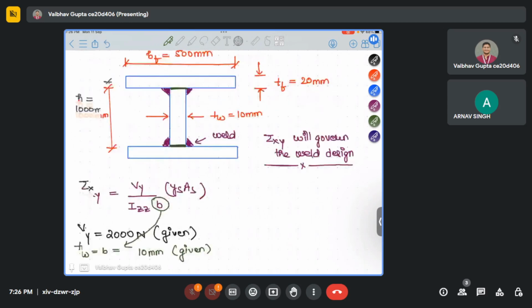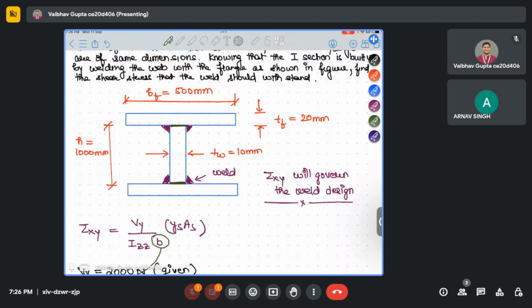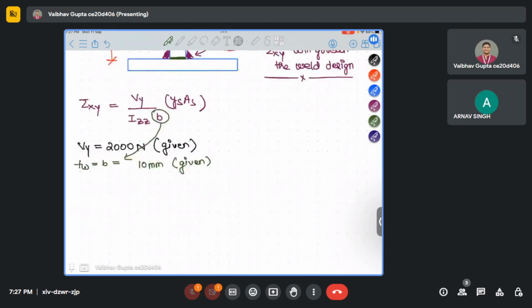Now what is YS and AS? Since we have to find for the weld, suppose this is the CG of the I section. This will be the shaded area, so we have to find AS and YS for this shaded area. What is the CG of the I section?